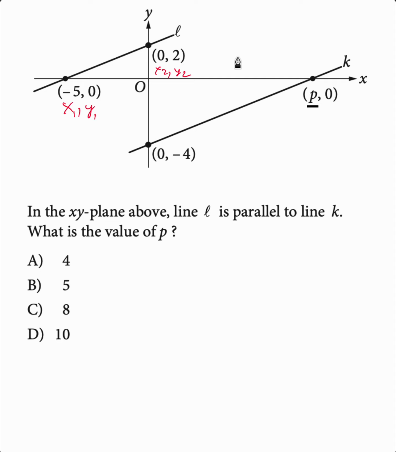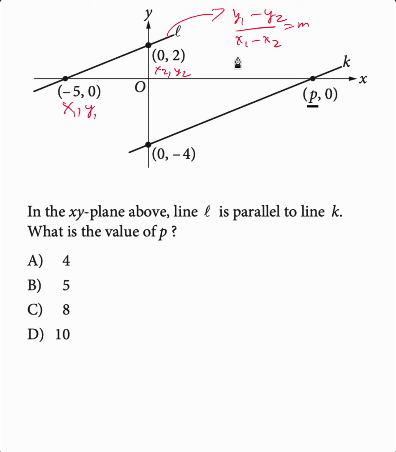So to find the slope of this, what do we have? We have Y1 minus Y2 over X1 minus X2. That's the formula for us to find the slope. So let's plug it in.